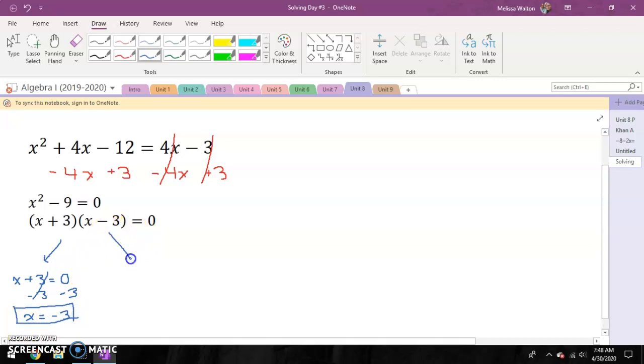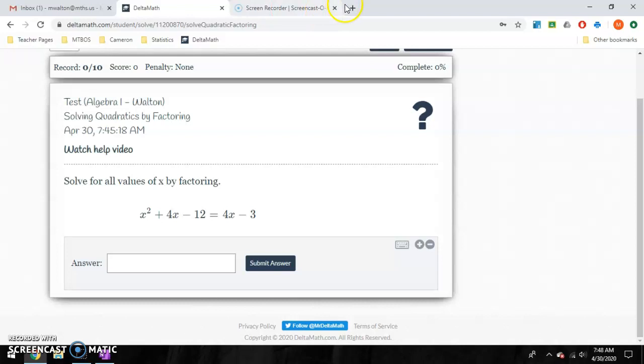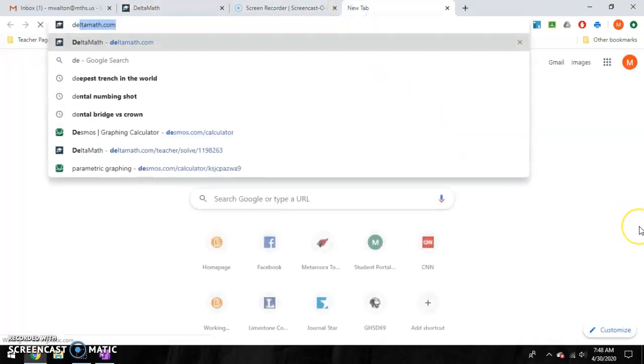What about our second solution? Here we go. x minus 3 equals 0. If I add 3 to both sides, we end up with x is equal to 3, which is my second solution. Now, why does it make sense that we have two solutions? Let's think about the graph of a quadratic.